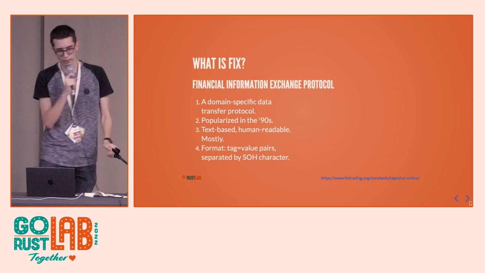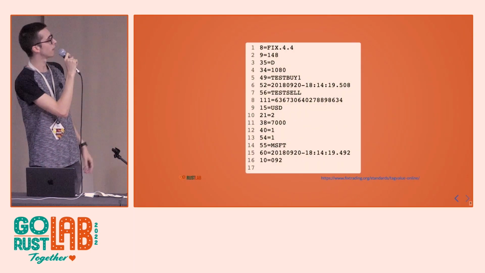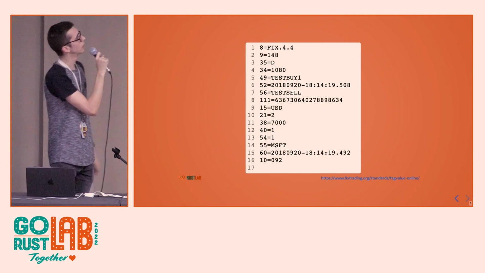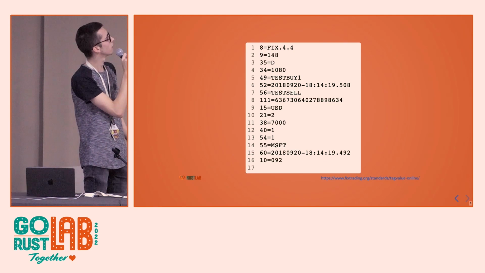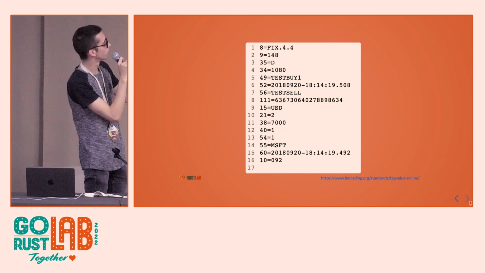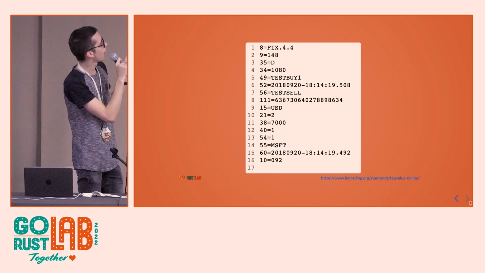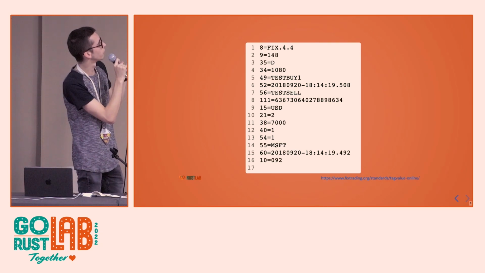Now, in my examples, I may use the newline as a field separator, just because it's nice to see it that way. But you can see what a normal FIX message looks like. You have the numeric tags, and they are quite arbitrary. They don't look like anything significant. And then you have the values, and you can maybe understand some of the structure just by looking at it.